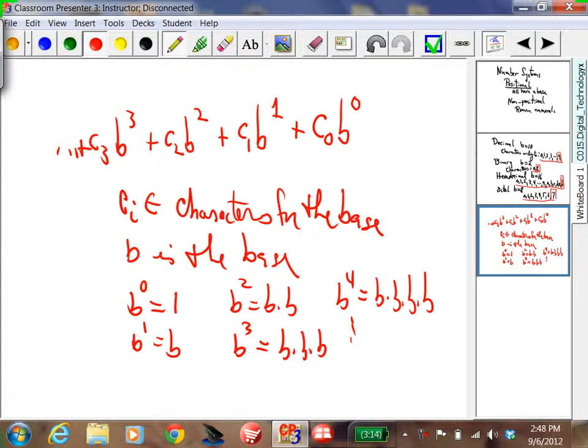And this is the reason we call these positional number systems: there's a units position, whatever the base is position, whatever the base squared is position, the base cubed position.